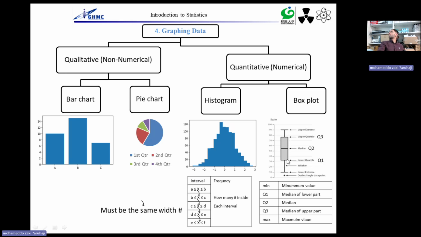I define the lower part as this part, and the median of my lower part is this one. This is the median for the whole data, from this range to the last range. And this point is just out of range.